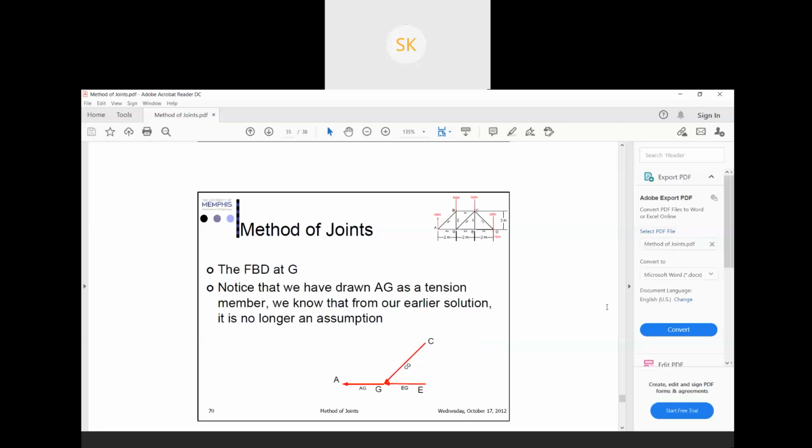Till joints A and B it is clear, how you have analyzed joints A and B. Okay, so next we have the option of C and G, but we haven't moved to C because at C we have three unknowns.